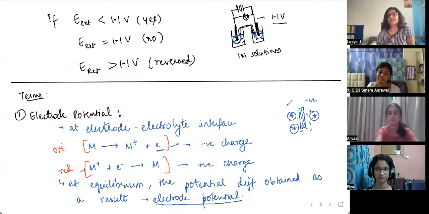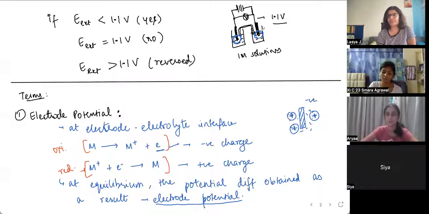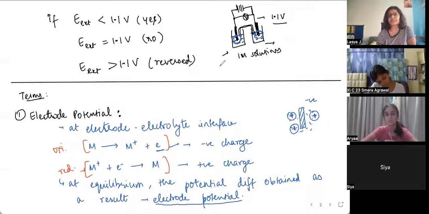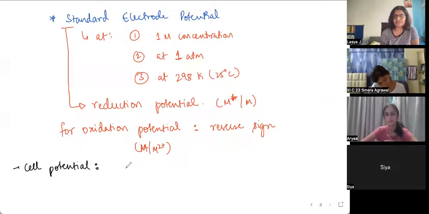So for a cell, in order to maintain the flow of electrons, you need something to give the electrons, you need something to take the electrons. So you always need a reduction half and an oxidation half. A reduction half and an oxidation half put together gives you a cell.